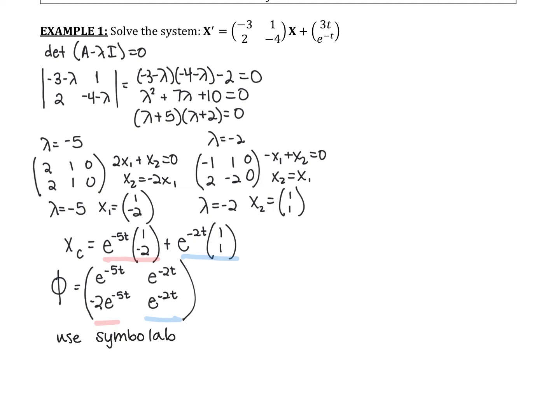What is the inverse of a matrix? Good question. The way we calculate it is 1 over the determinant. So we find the determinant of this matrix, and then it's 1 divided by the determinant, and then these two entries get switched.